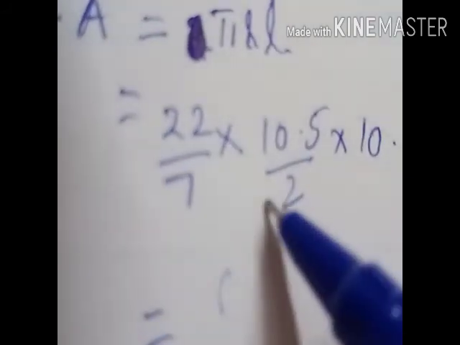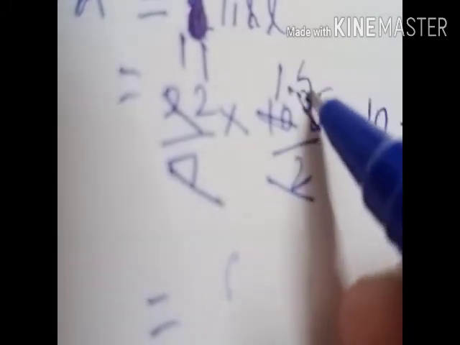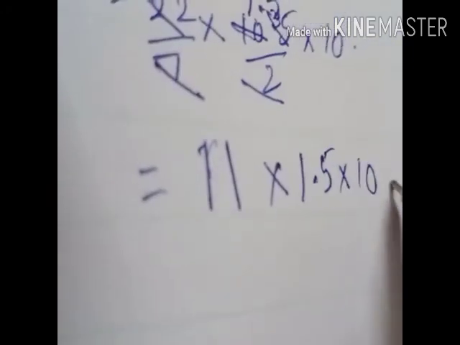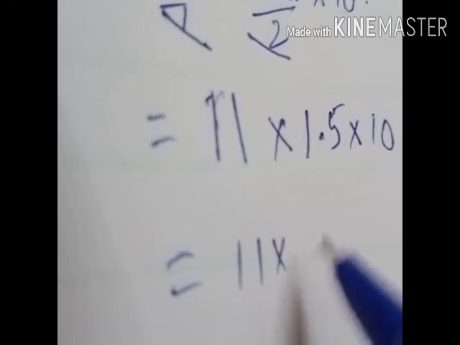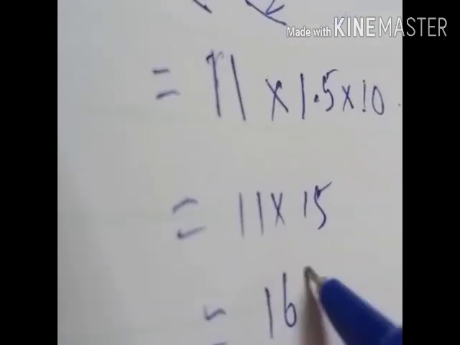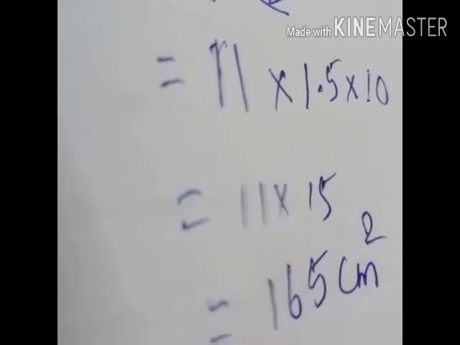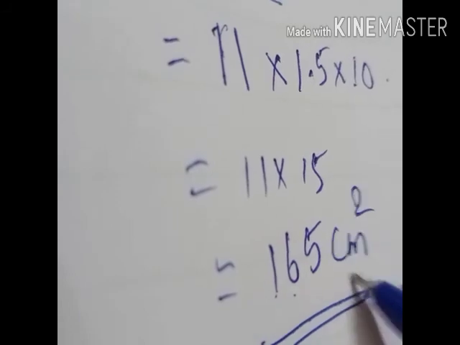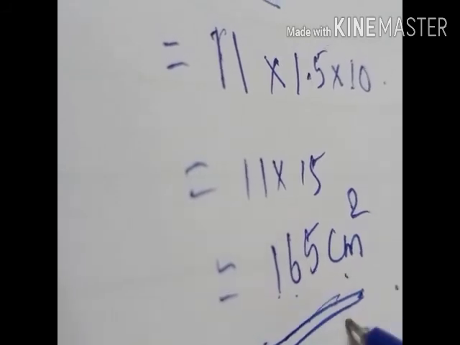Then we can simplify that. 2 and 22, then 7. 1 7s are 7. Then remaining 3 in 35, 5. So we get 11 into 1.5 into 10. That is equal to 11 into 15. 1.5 into 10 is 15. That is equal to 165 centimeter square. This is the CSA of the cone.